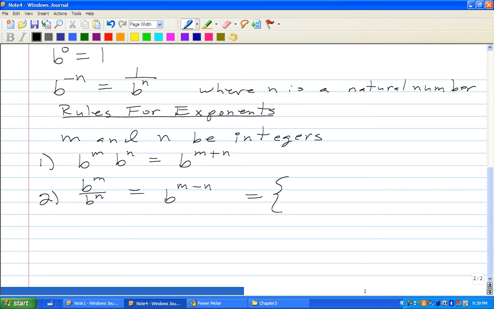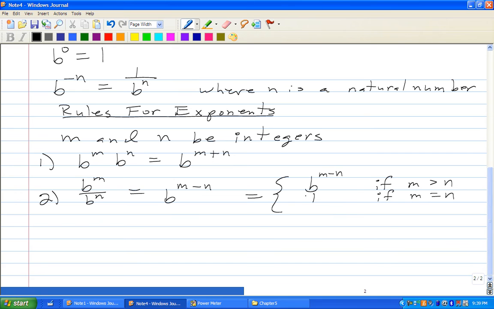And so this is really just b to the m minus n if m is greater than n, 1 if m is equal to n, again assuming this exists, meaning I don't have 0 to some power.